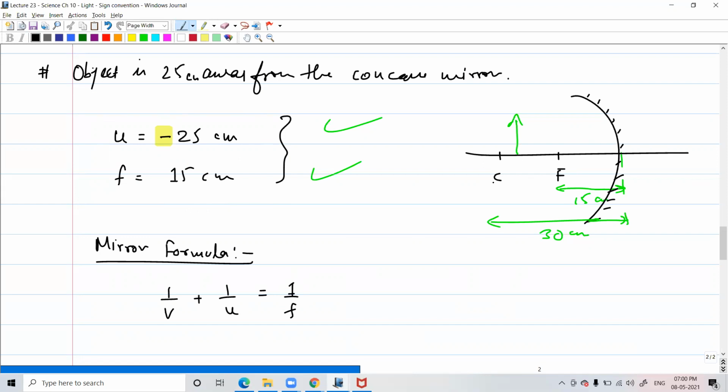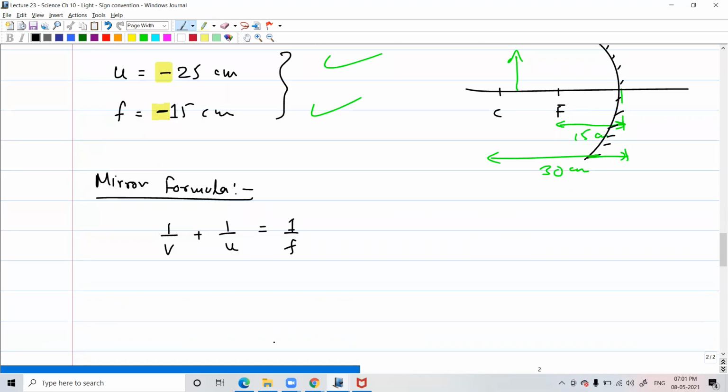Which side is it? Left. Focal length is to the left. So is this focal length positive or negative? Negative. So you see, I did not put a minus sign over here. If I had used this calculation, we would have got a wrong answer. So we should put this also as negative. Okay, it's important.